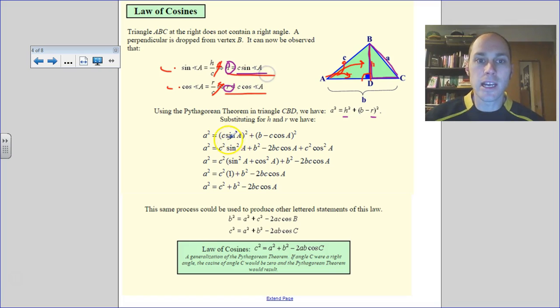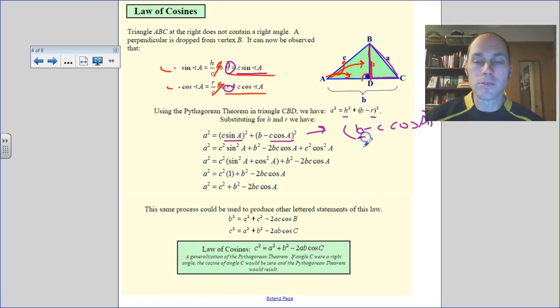We can substitute for h and r, since we've solved for h and r up here. So h is c times the sine of A, squared, plus, in parentheses, b minus r, which is c cosine of A, squared. Okay, so we substitute those parts in, and now we just simplify this algebraically. So (c sine A) squared becomes c squared sine squared of A, plus when we multiply out (b minus c cosine of A), we get b squared, because if you remember from algebra, b minus c cosine of A is being multiplied by itself.